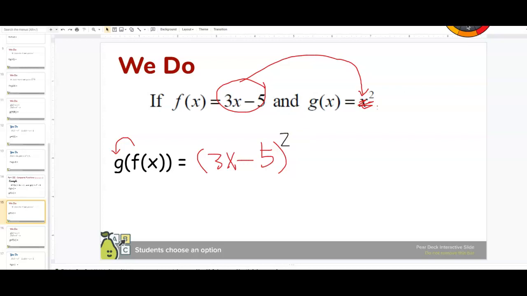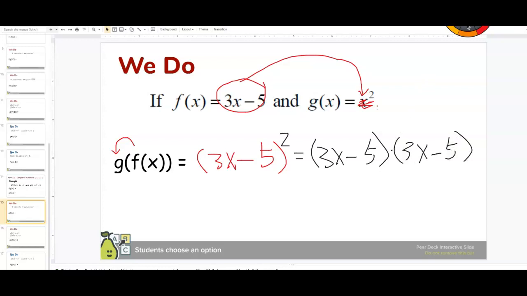Okay? And now we're going to simplify by getting rid of the parentheses. But first, deal with the square. Square means we're going to double it. So now we have two parentheses times each other.